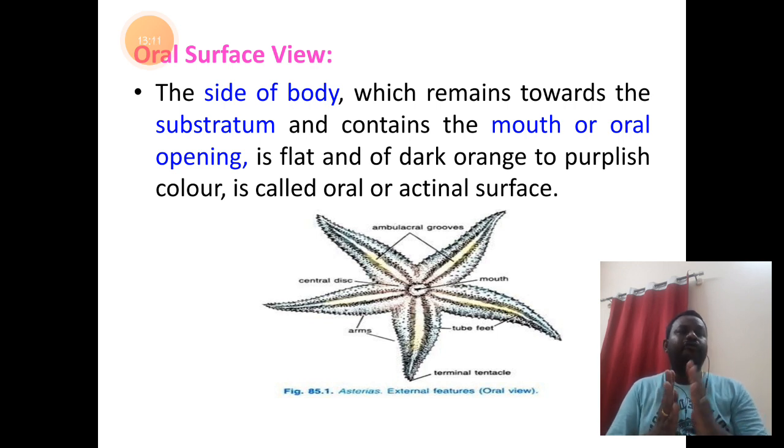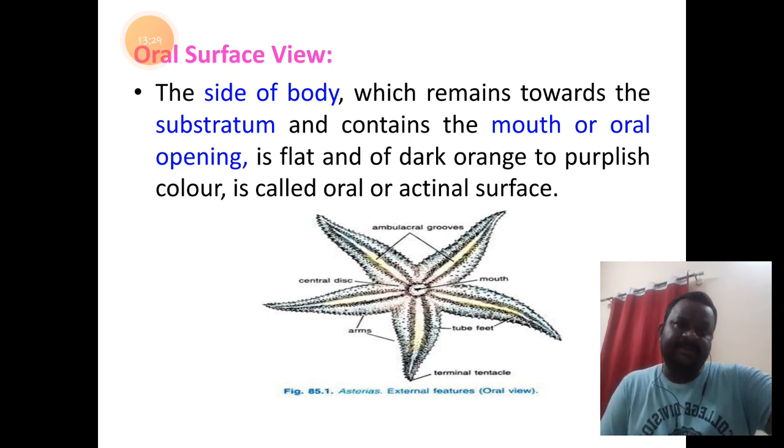This region of the oral surface is generally flat and varies in color, which we call the oral or actinal surface.